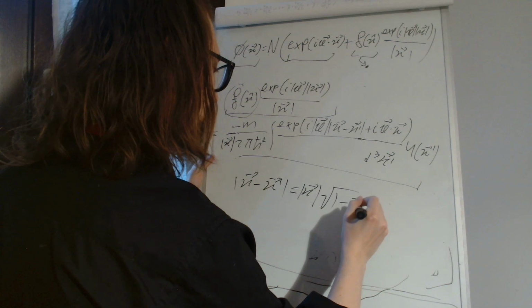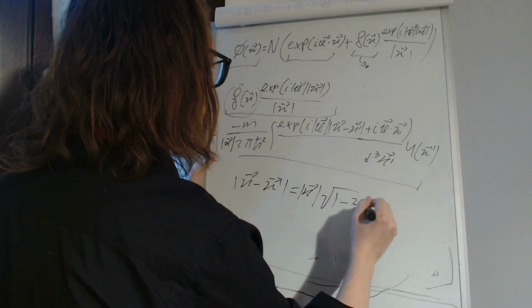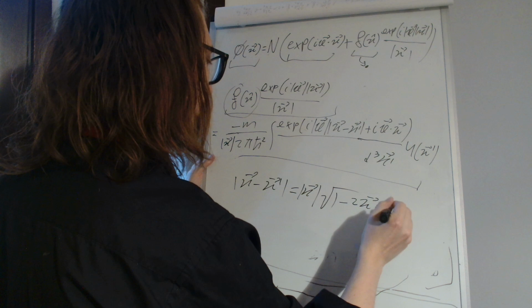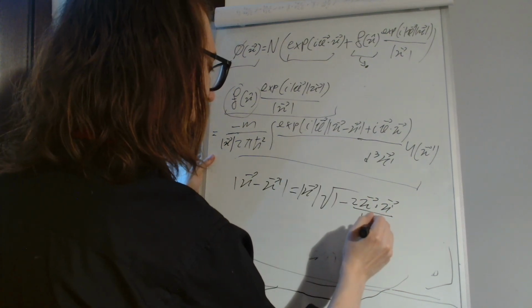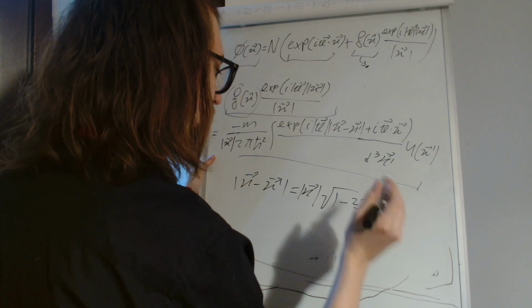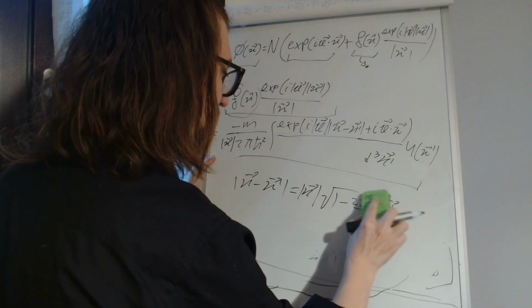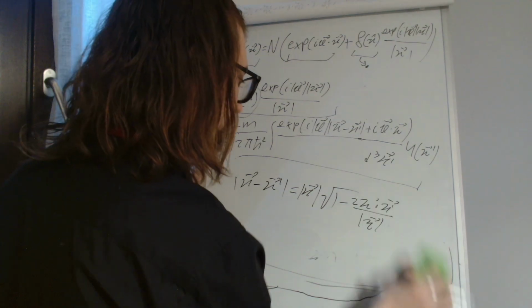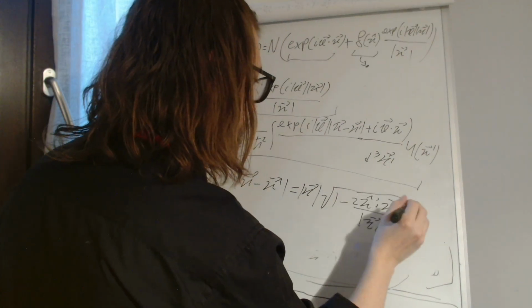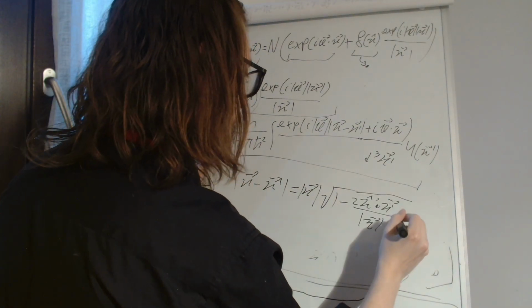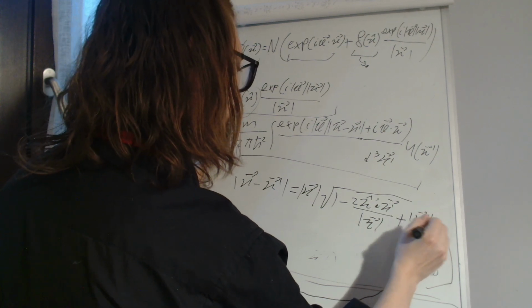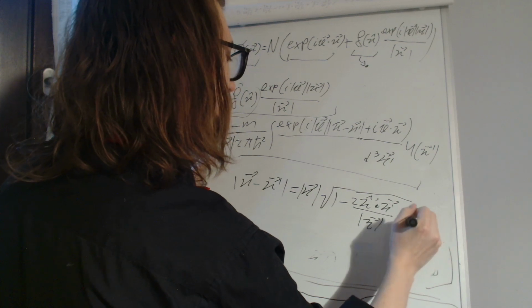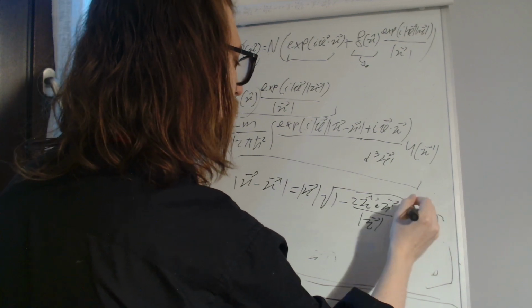So here we had x times x prime, now we are dividing by this squared, so we use here the divisor modulus of x, and here we have plus x prime divided by modulus of x all squared.